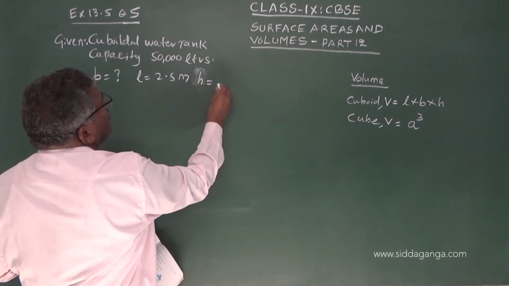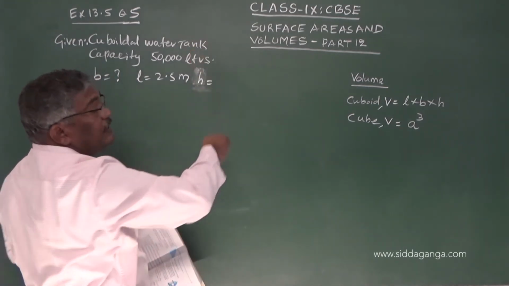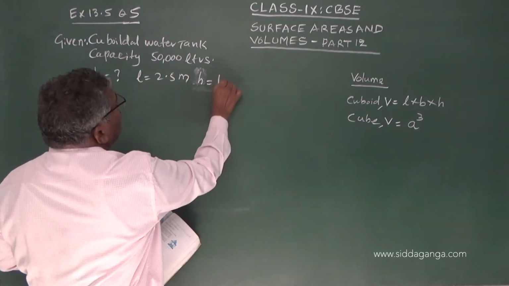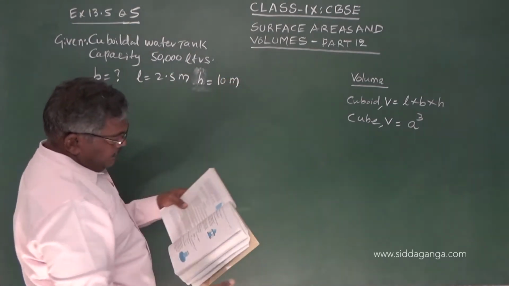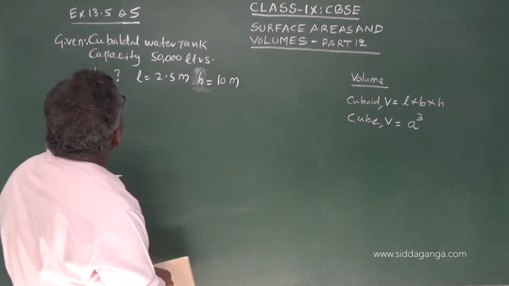Don't get confused. H is the height or the depth of the water tank. It is 10 meters.